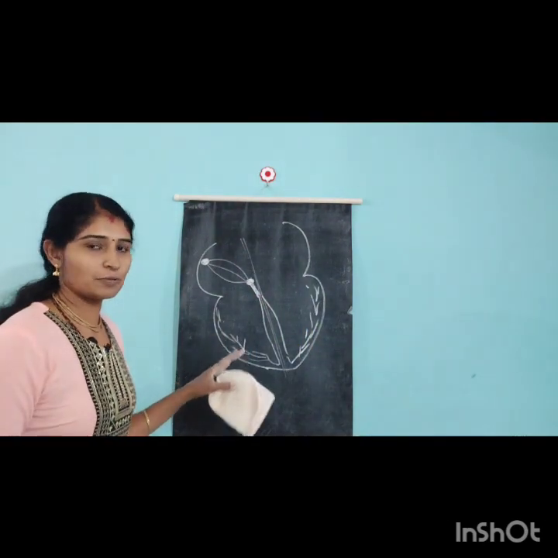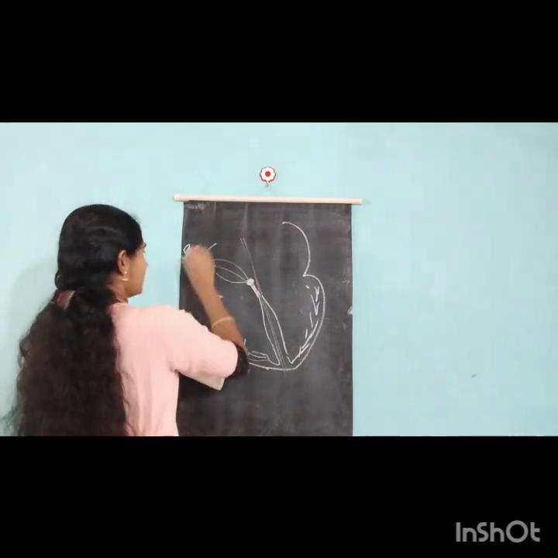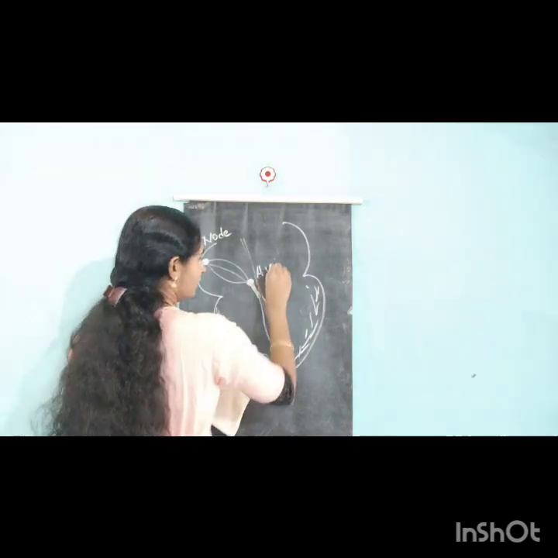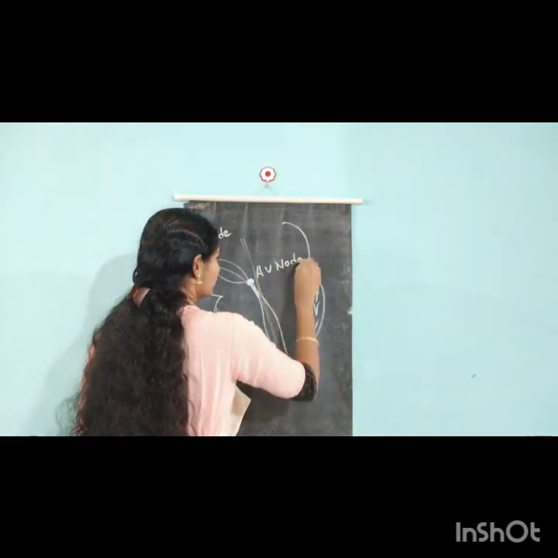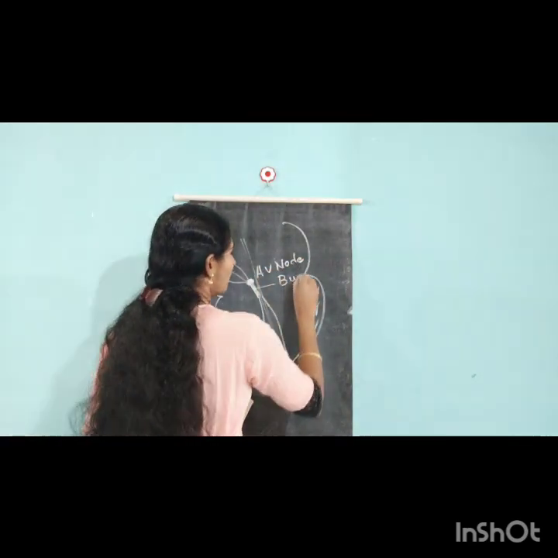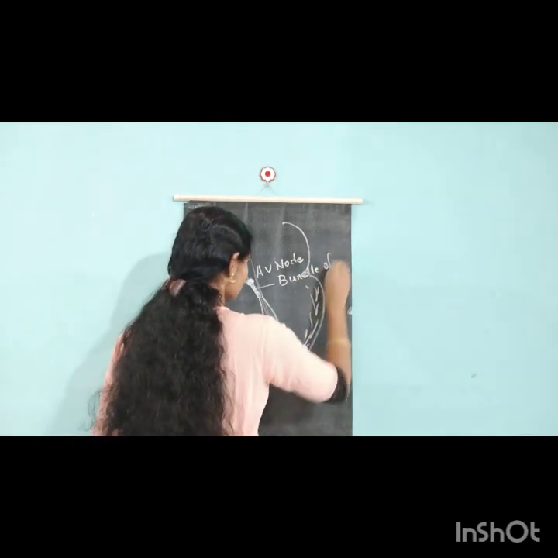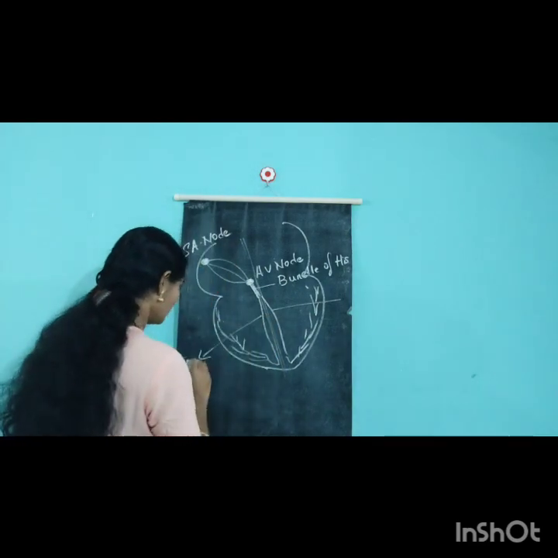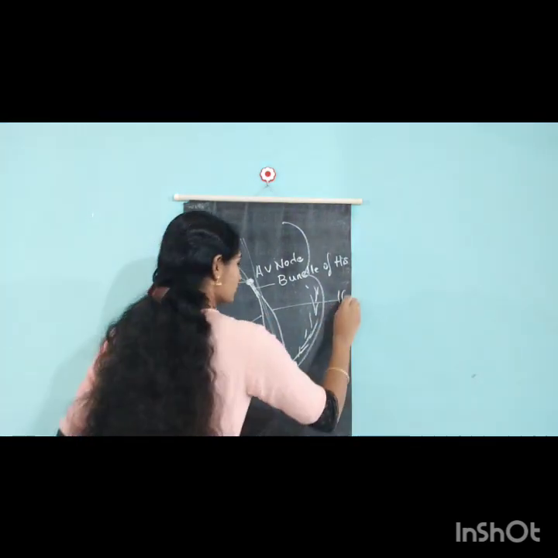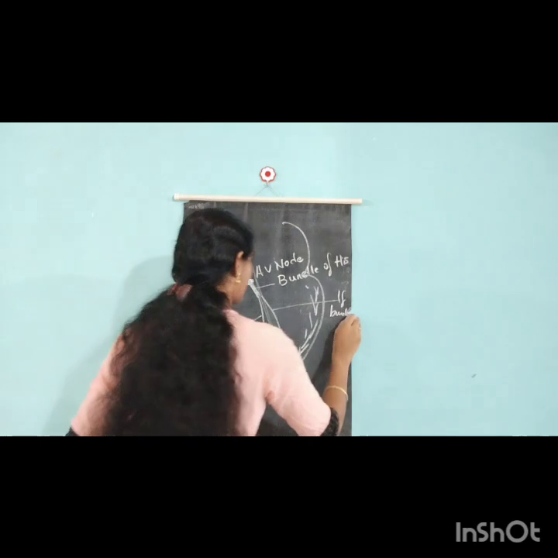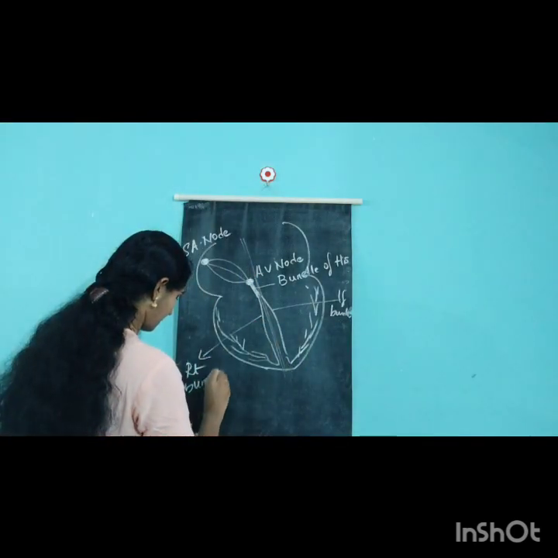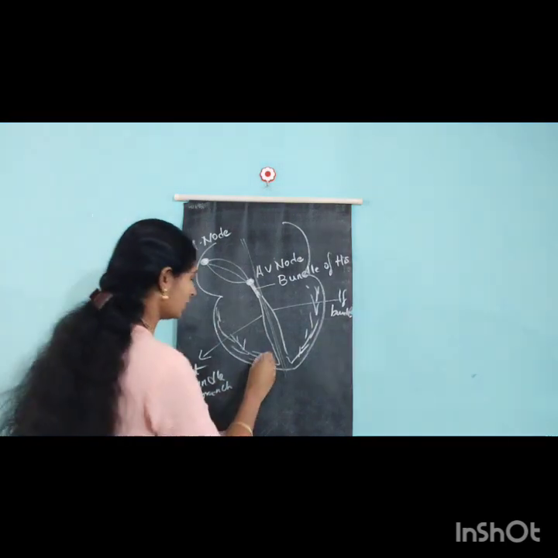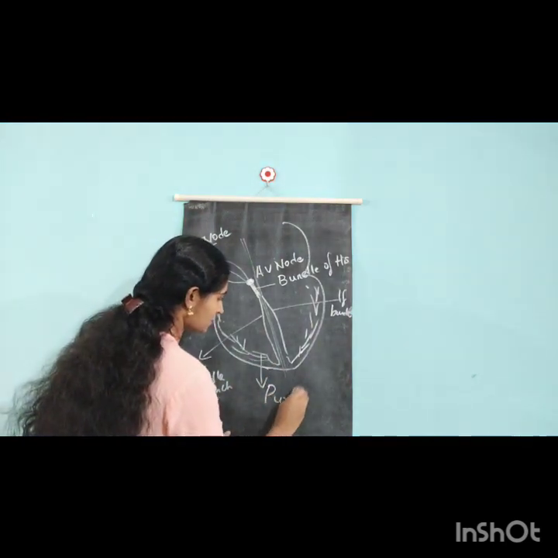The conduction system of the heart is SA node, sinoatrial node, then AV node, atrioventricular node, then comes the bundle of His, then two branches, right and left bundle branch, then the Purkinje fibers.